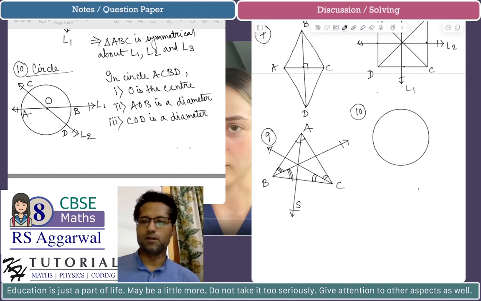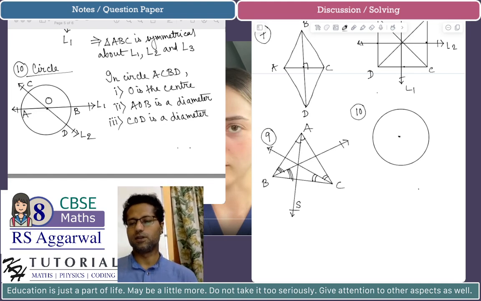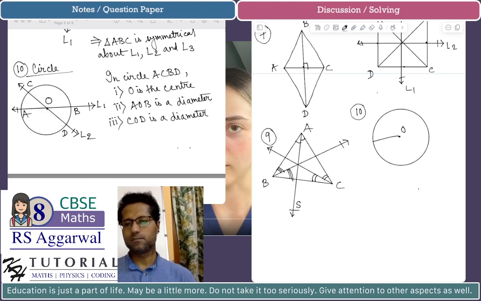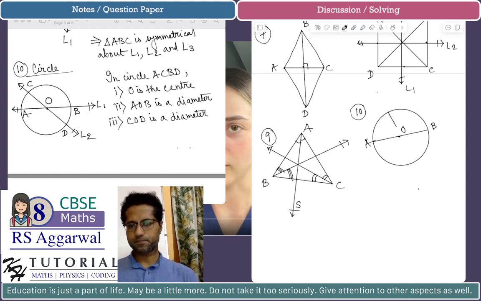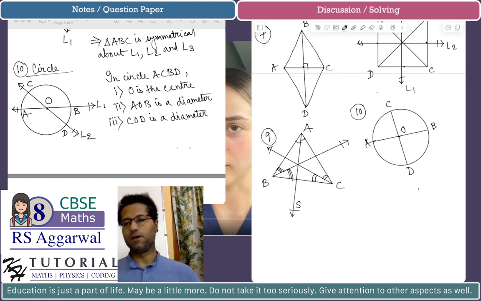Let's say this is the center of the circle, O, and you draw any diameter, let's say this is AOB. So the circle will be symmetrical about the diameter AOB. If you draw another diameter, let's say this is COD, then the circle will also be symmetric about the diameter COD. So a circle is symmetric about all its diameters. Okay.